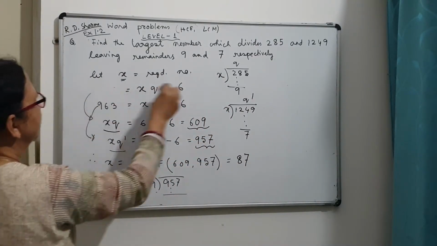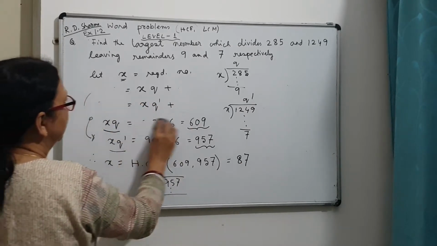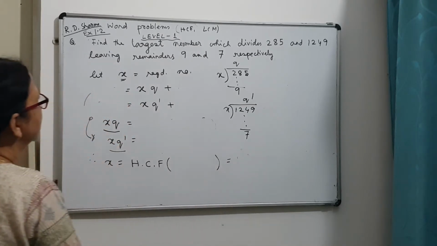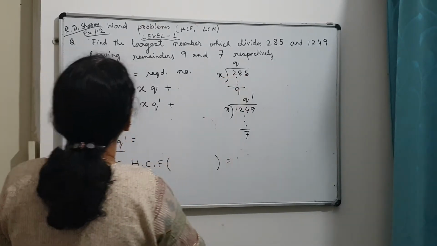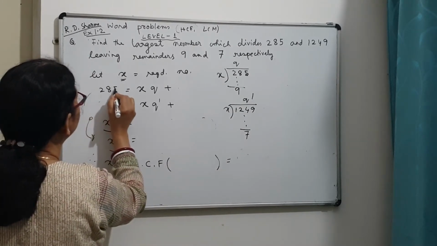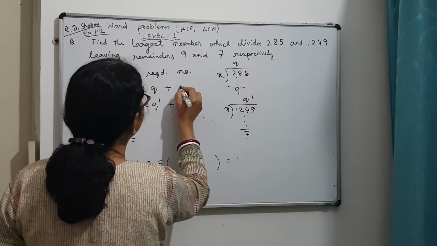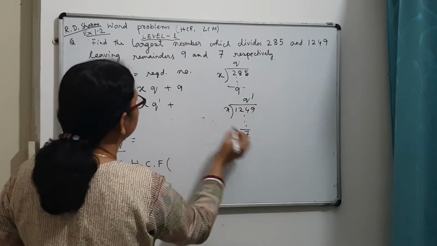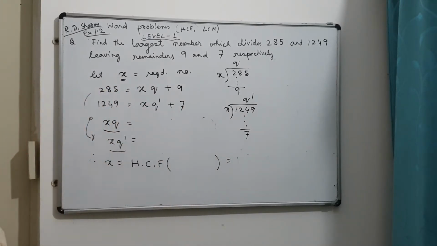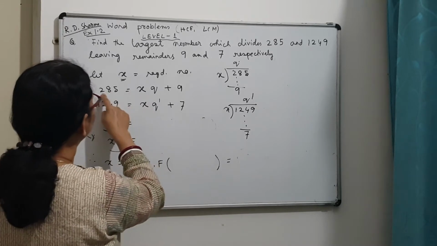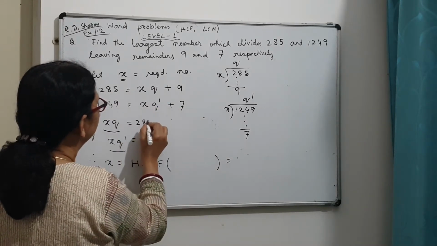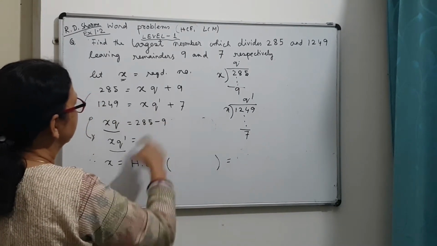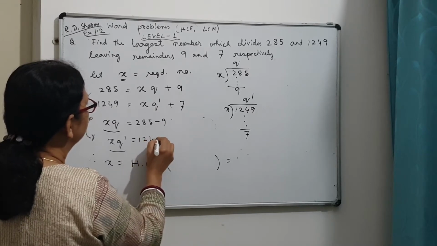So I can write the first number 285 is equal to x into q plus 9, and the other number 1249 is x into q dash plus 7. By the division lemma, xq is equal to 285 minus 9, and xq dash is 1249 minus 7.